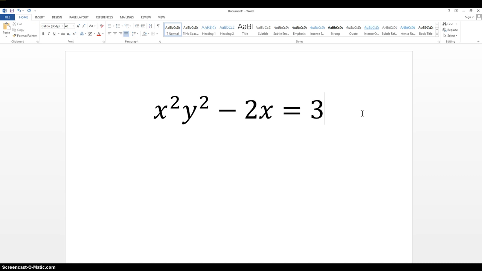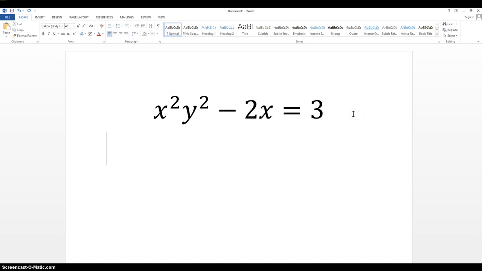If we take a look right here, those two variables are doing what to one another? They're being multiplied, so what derivative rule do we need to apply? The product rule, correct. And this one right here is the basic power rule derivative, so we can do that very quickly.